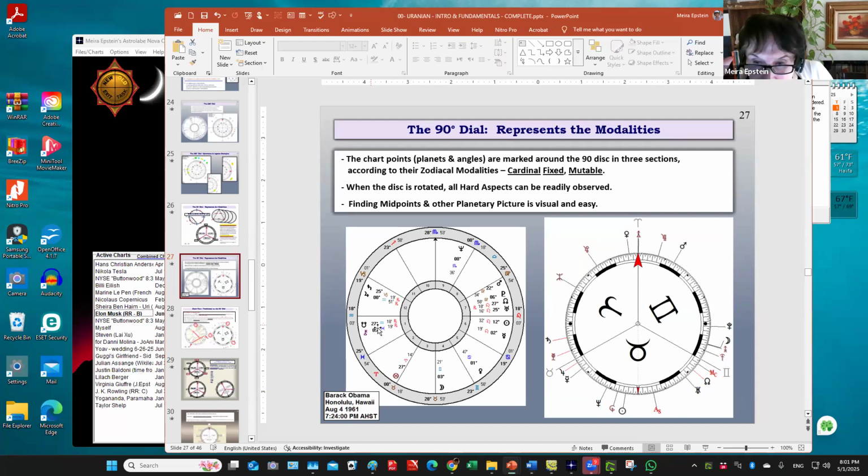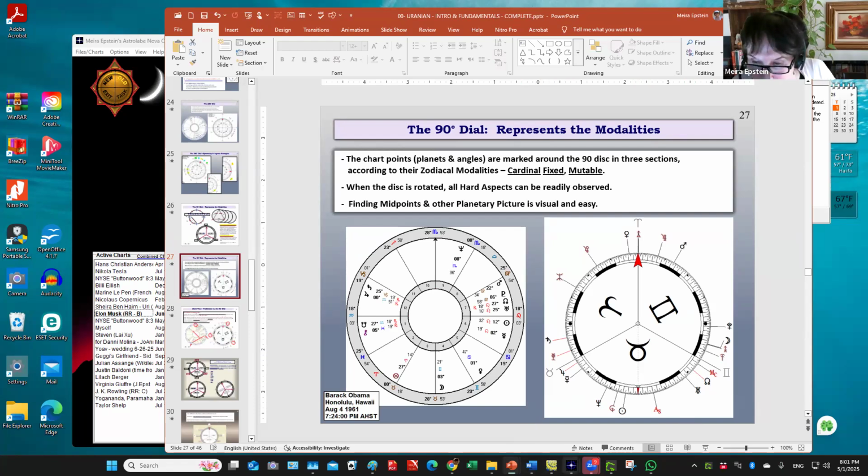Then we have the south node, or the node, at 27 Aquarius, which is fixed, 27 fixed, and here is the node at 27 fixed. The dial is very easy to count in because of the sections, the black and white sections.